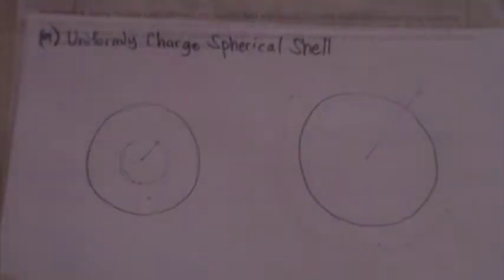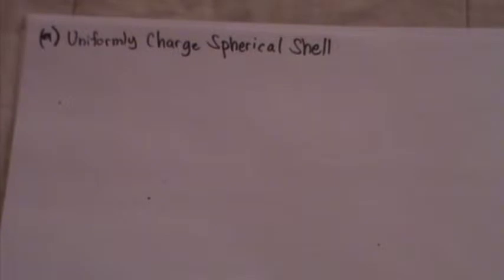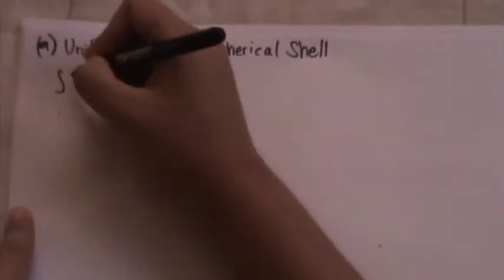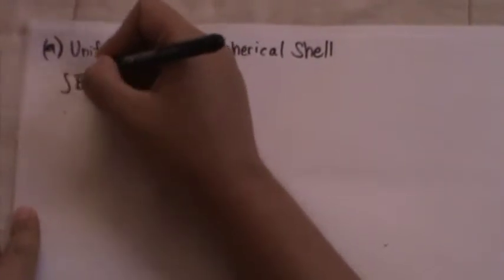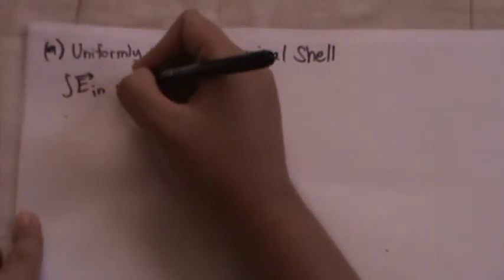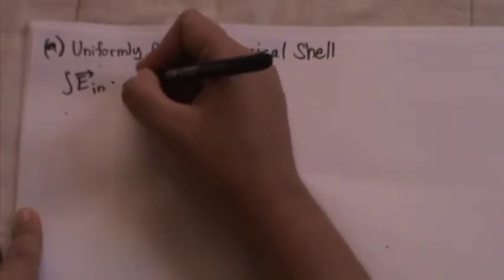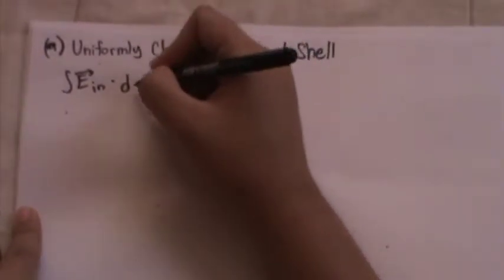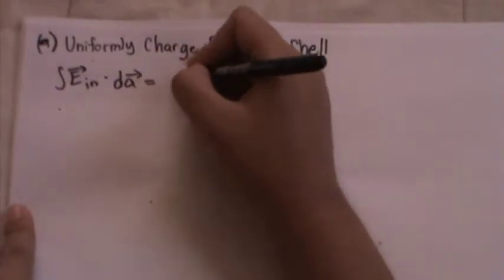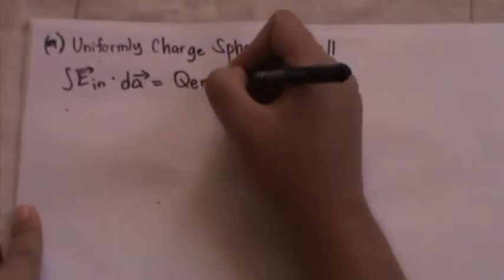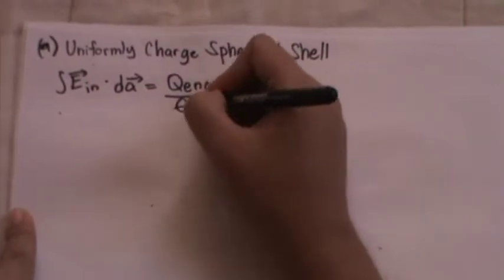Okay, so let us first solve for a uniformly charged spherical shell. We're going to look for its electric field. Let's use this formula: the integral of the electric field inside multiplied by dA is equal to Q enclosed over epsilon naught.